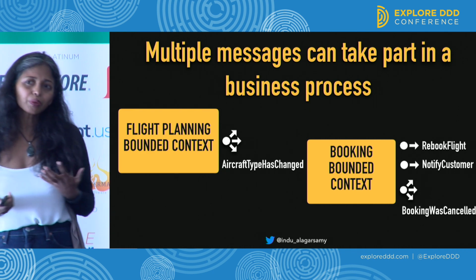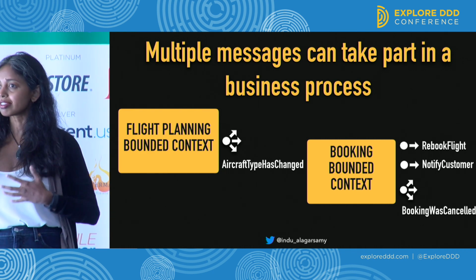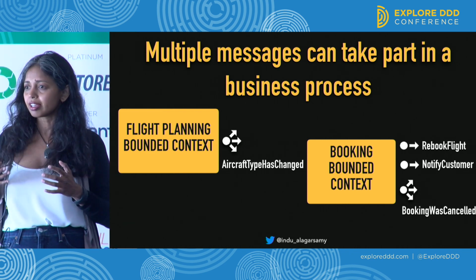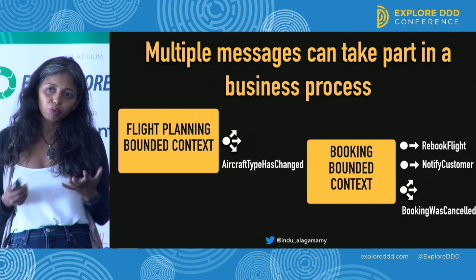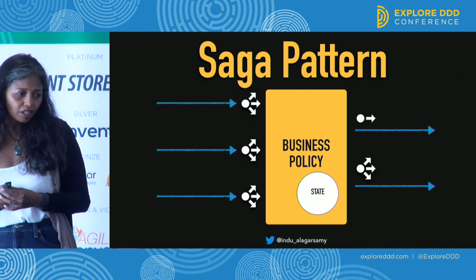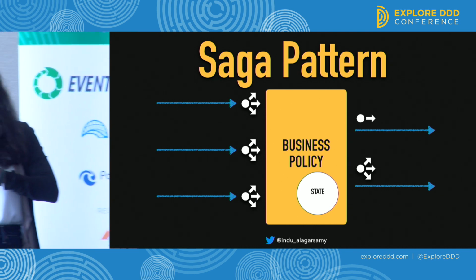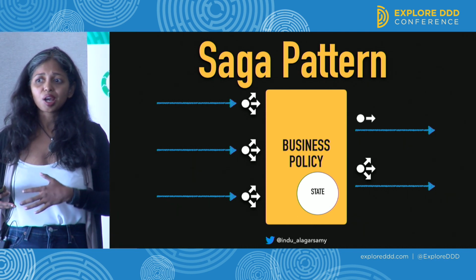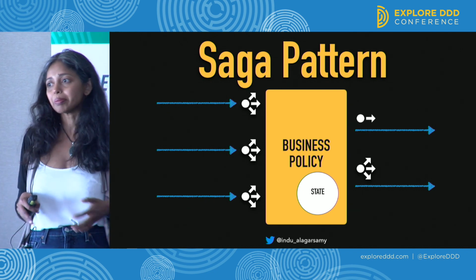So how do we deal with it when we have multiple messages and we're looking at an outcome based on this? There's usually state involved, and that's where the Saga pattern comes in handy, because of state. Whether you give the customer a refund or not is dependent on the fact that they've said, give me my money back.